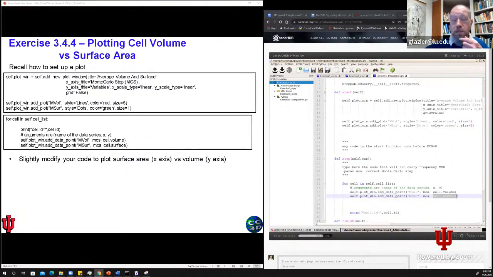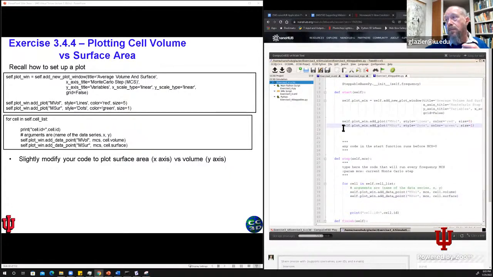Well, how many plots do I need if I'm going to plot just surface area versus volume? Do I need one series or 2 series? One.